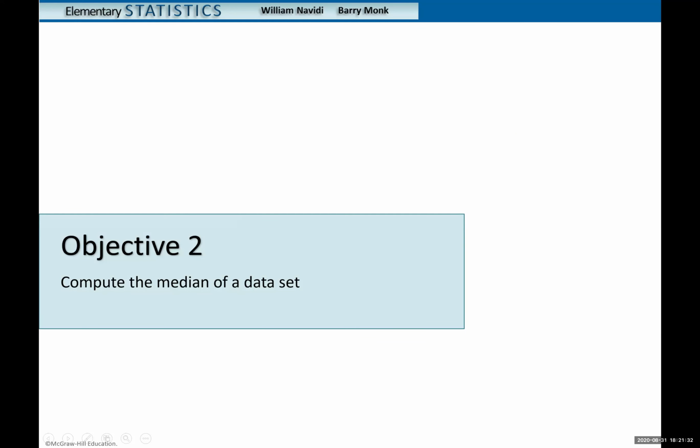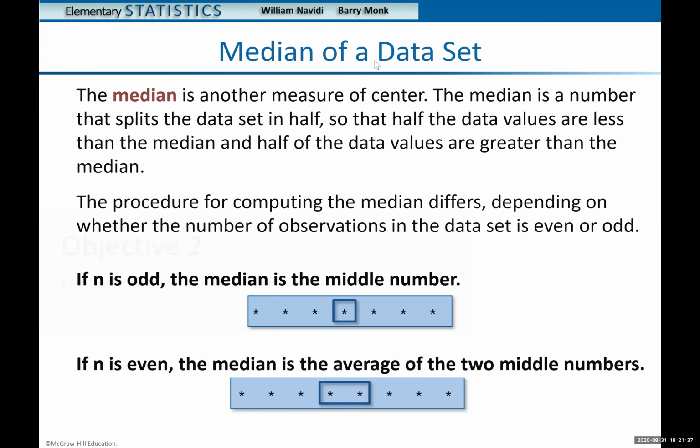All right, next is the median. This is another measure of center. The median is a number that splits the data in half, so that half of the data values are less than the median and half of the data values are greater than the median. There are two cases here, and take note of this. If n is an odd number, that's the easiest way to get the median.